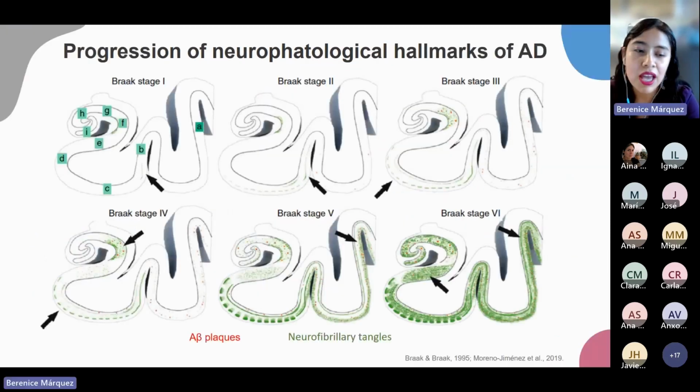In this image, I show you the progression of the two main histopathological hallmarks of Alzheimer's disease. This progression is according to the model proposed by Braak and Braak, and in red, you can observe the A beta plaques, and in green, you can observe the neurofibrillary tangles.